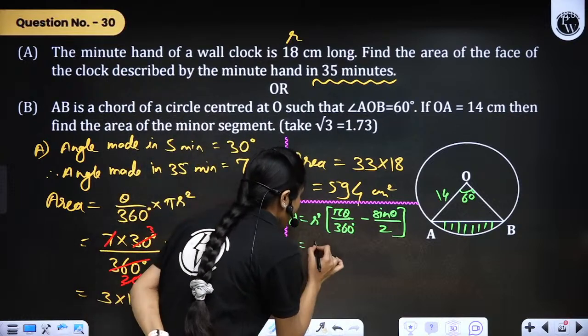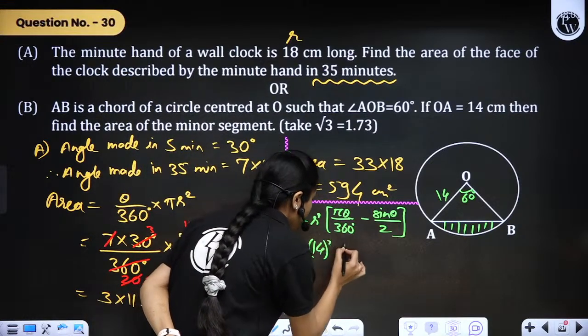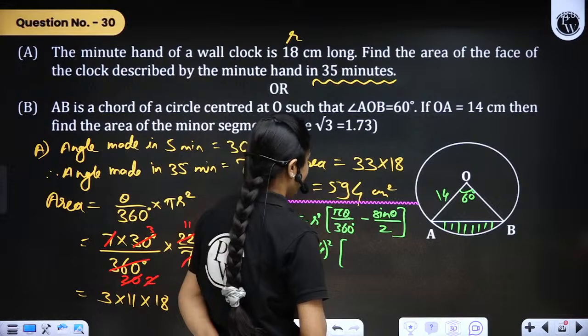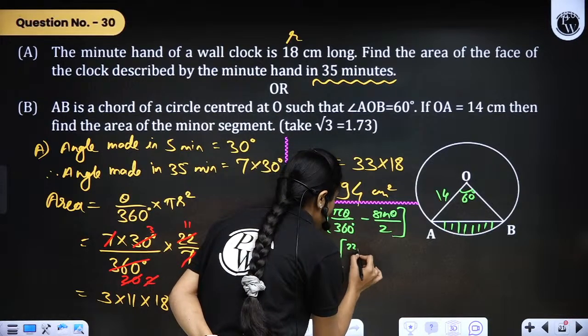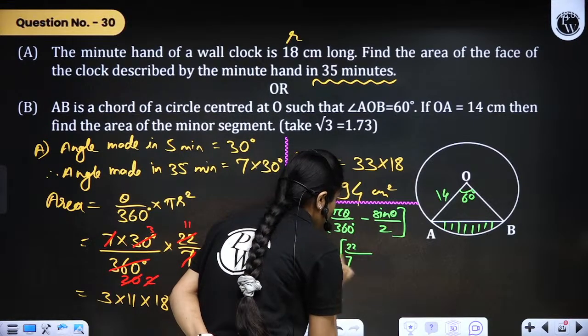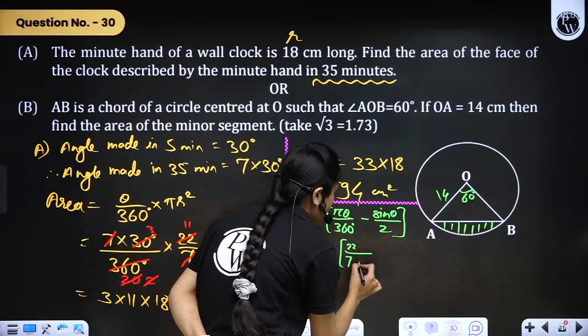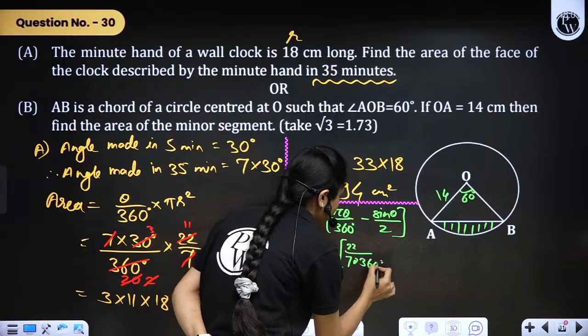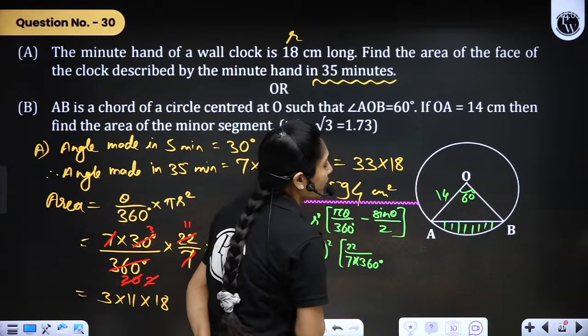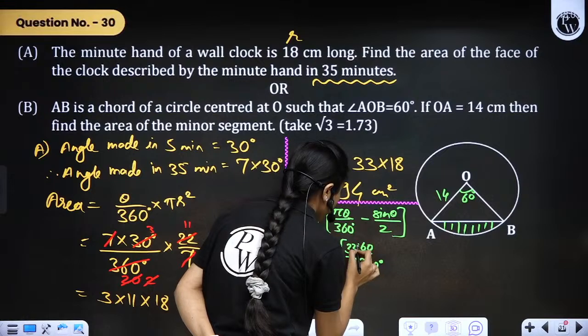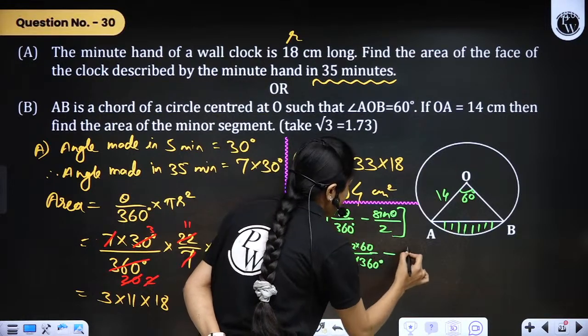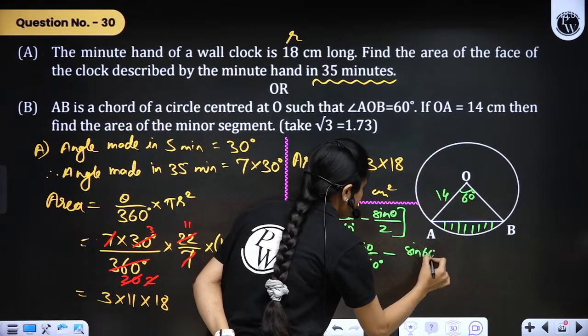So value of r is 14. So 14 square. Pi is 22 by 7. And theta is 60, minus sine 60 by 2.